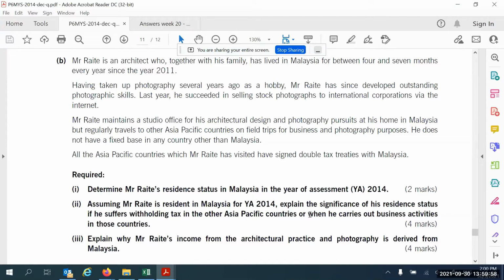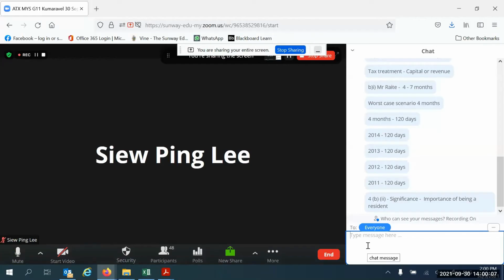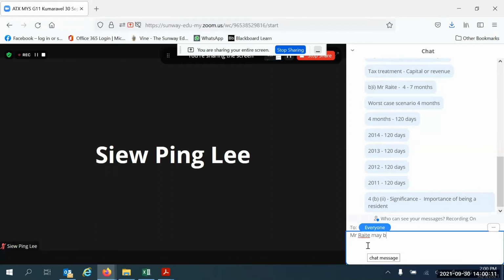If he suffers withholding tax or when he carries out business activities in those countries, okay, what it means is that Mr. Rate may be taxed in Malaysia and also the overseas countries.